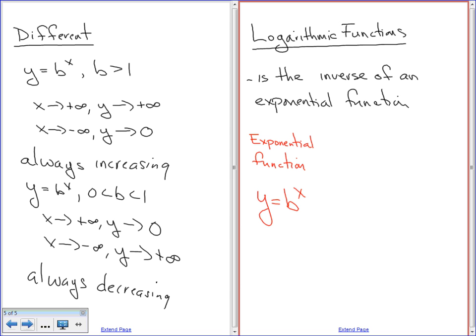The logarithmic function, so if I want to find the inverse, right, because that's all a logarithmic function is, if I want to find the inverse of the exponential, how do you start with finding the inverse of anything? What's your first step? Yep. Right, you switch the x and the y.